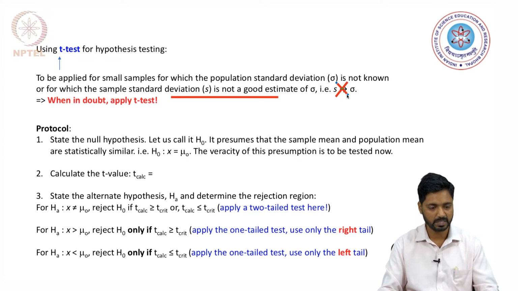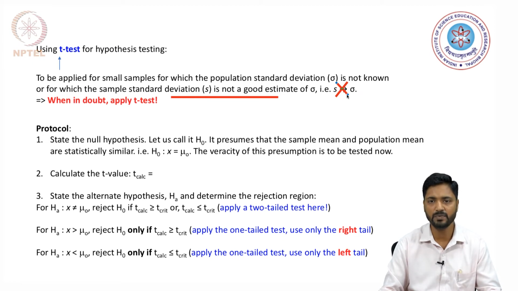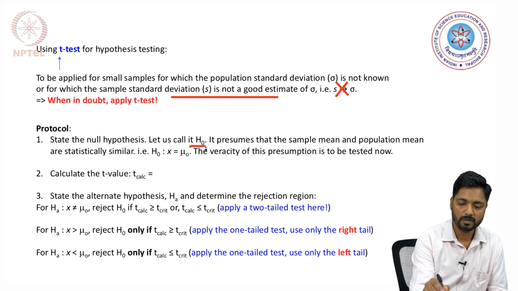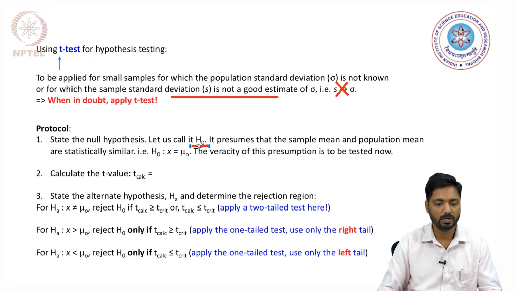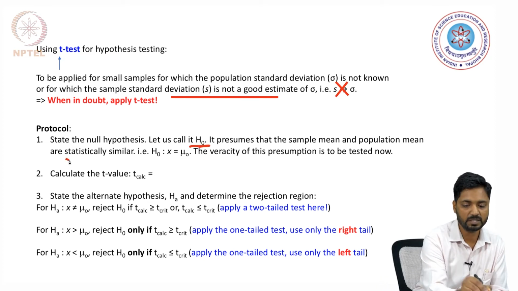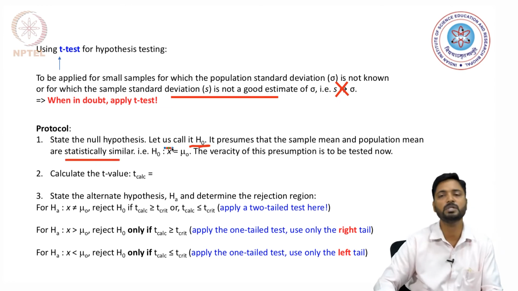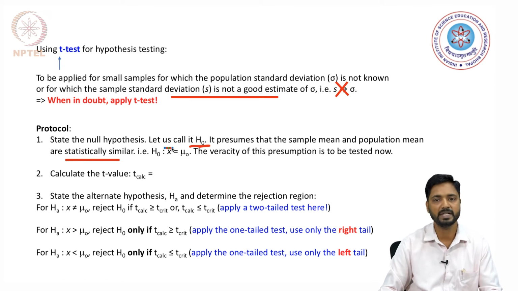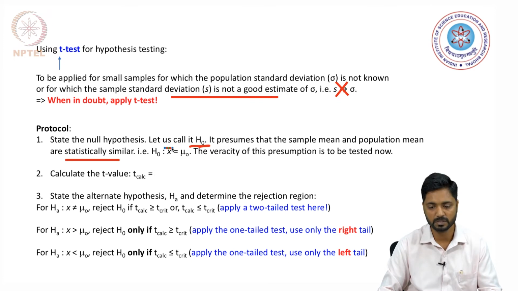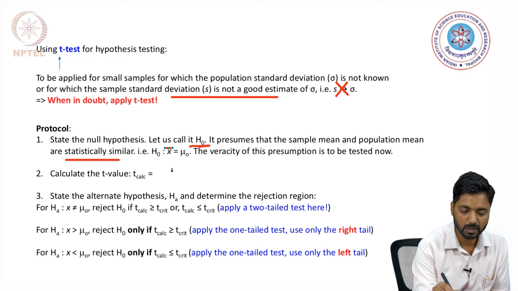So the protocol is very similar for the t-test as well. We again come up with a null hypothesis which presumes that the compared values are statistically similar. These compared values are the sample mean and the population mean for us. So we state the H naught accordingly, and we test the veracity of this presumption by applying the t-test. The formula also remains more or less similar.